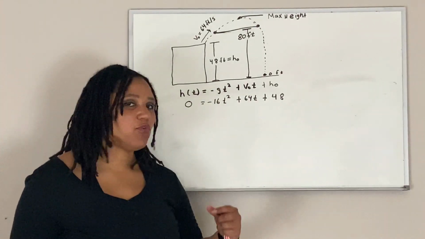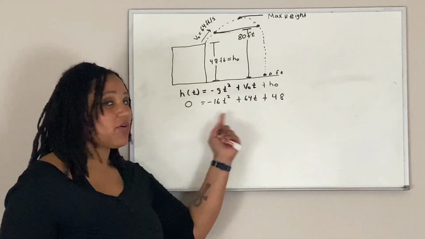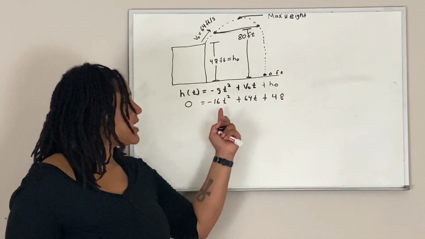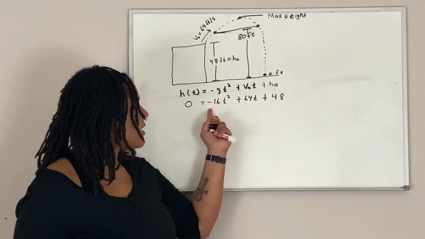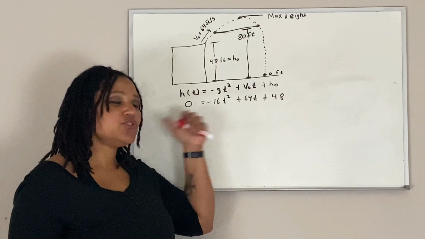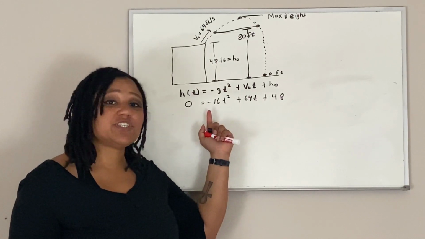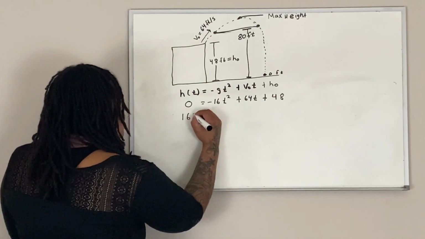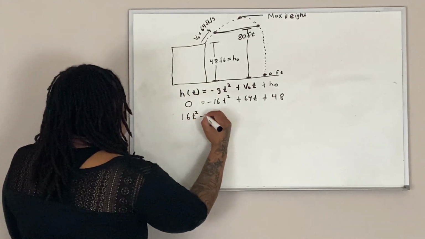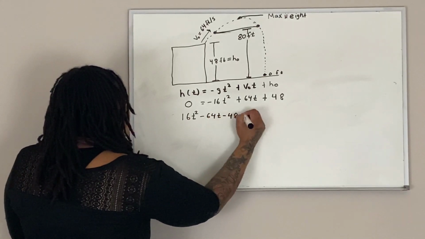So basically we have something in the form ax squared plus bx plus c is equal to 0. I want to make my life easier and bring everything on the right side of the equation to the left, because I want my leading coefficient to be a positive number. So if I bring everything over to the other side, we have 16t squared minus 64t minus 48 is equal to 0.